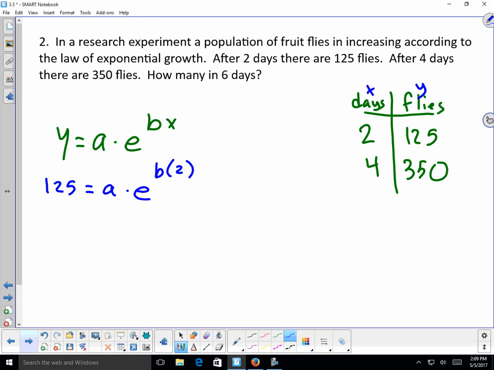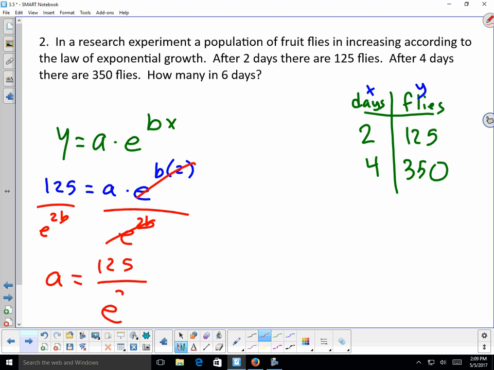Do people agree with that? At this point, I could solve for a, get a by itself by dividing both sides by this e to the 2b. That divides out, and I get a is equal to 125 over e to the 2b.